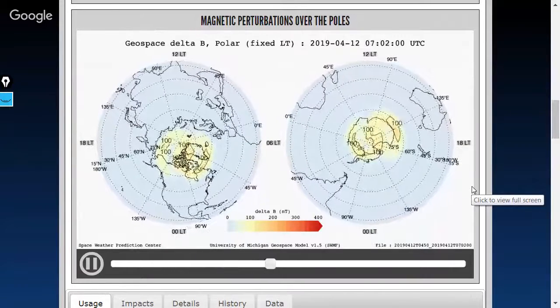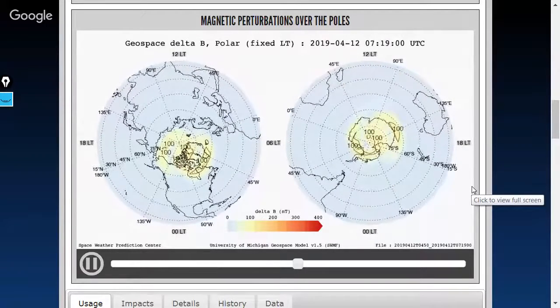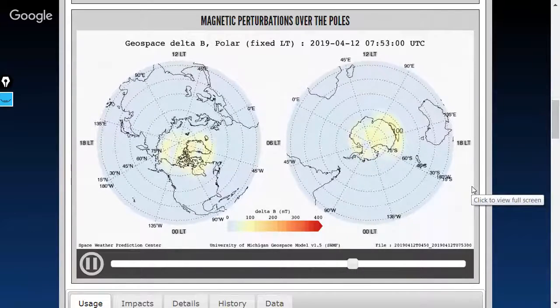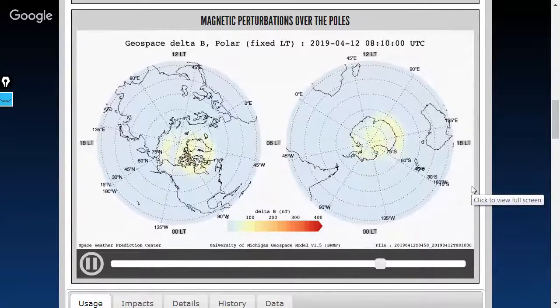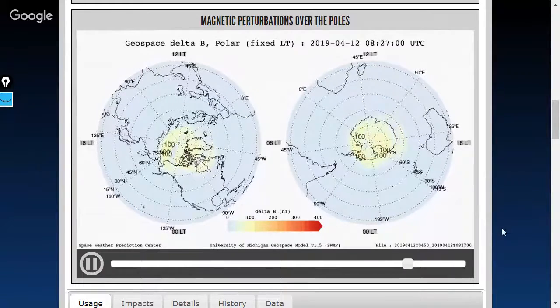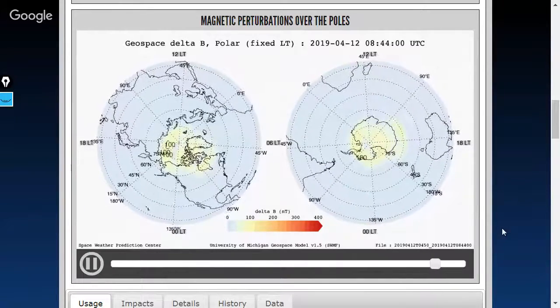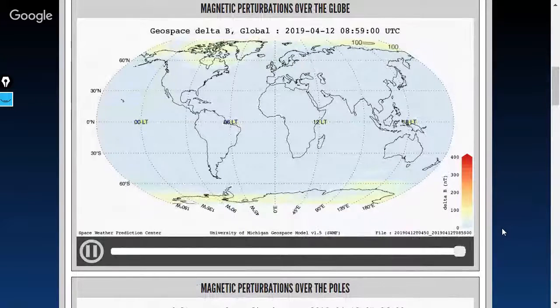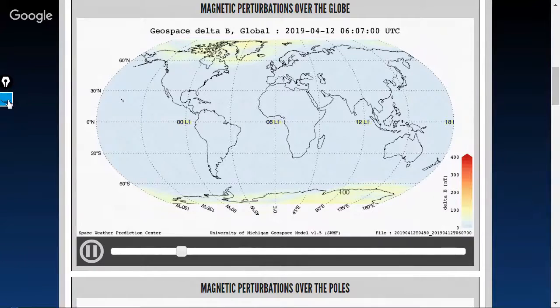This data provided by University of Michigan, and for that, we thank you. Here's the global magnetic perturbations. Changes in the delta B field. Delta B, that is, changes in the B field.